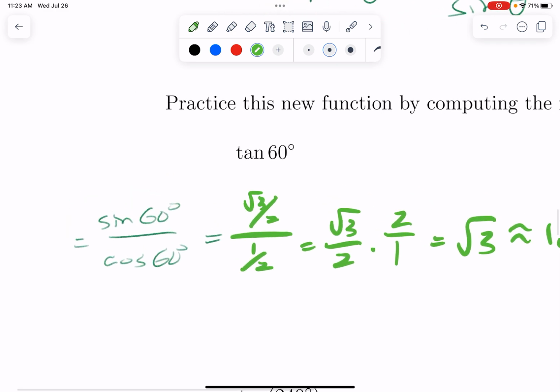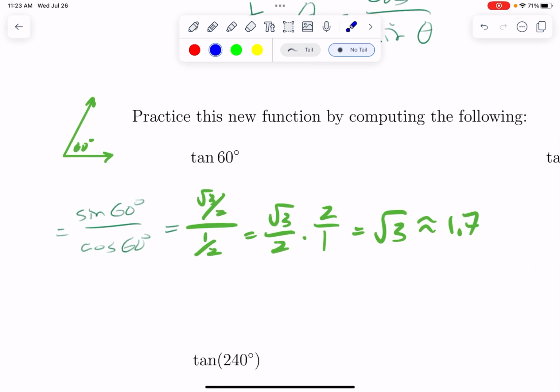If you imagine a 60-degree angle in standard position, something like so, and you're thinking about the steepness of this terminal side, well, it's reasonably steep. It's taller than it is wide by about a 2-to-1 margin, more like 1.7.